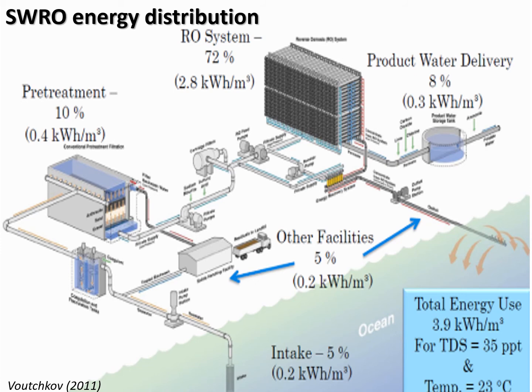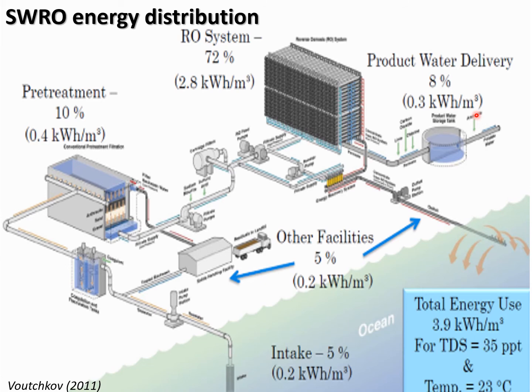If you look at the detailed energy distribution, you can see the intake at around 0.2 kilowatt hour per cubic meter, and pretreatment 10% of the energy consumption, 0.4 kilowatt hour per cubic meter, and reverse osmosis almost 72%, 2.8 kilowatt hour per cubic meter, and the other facilities 0.2 kilowatt hour per cubic meter, and then water delivery service 8%, 0.3 kilowatt hour per cubic meter.